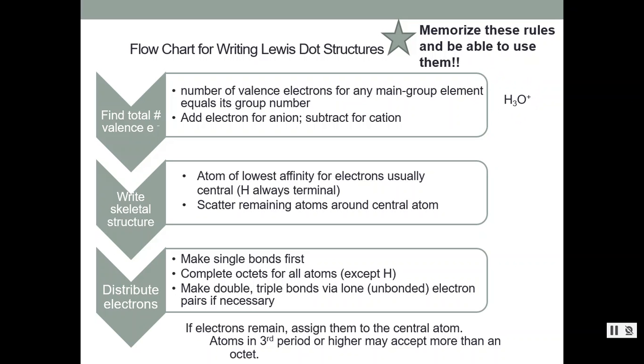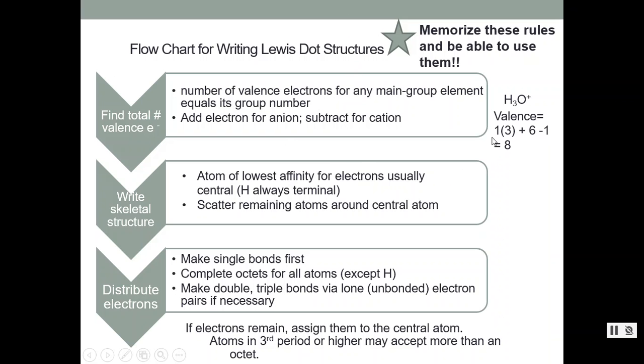First thing you need to do for any molecule, be it an ion or a neutral species, is to find the total number of valence electrons. And so here is where knowing the rules about Lewis dot structures for individual atoms is going to be helpful. Remembering that for any main group element, the number of valence electrons is equal to that group number. So for hydronium ion, H3O+, I've got 3 hydrogens.